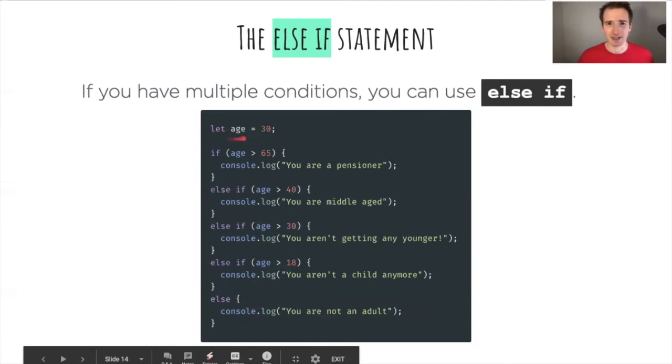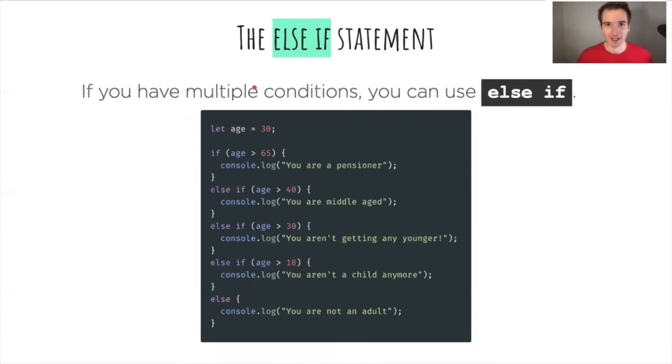So in this case, okay, age is 30. We hit the first condition here. Okay, is the age greater than 65? That's false, so we keep going to this else if. We're checking, okay, is the age greater than 40? And it's not, 30 is not greater than 40, this is false. So we keep going.